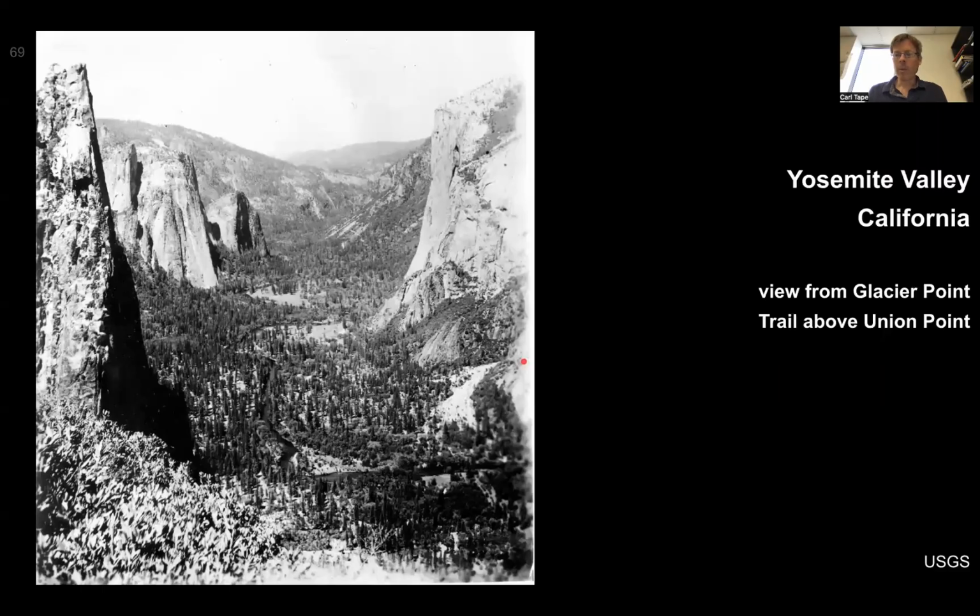Here's another view from Glacier Point, this trail above Union Point, an older photo, but again, this really stunning shape of steep valley walls. How did they get there?